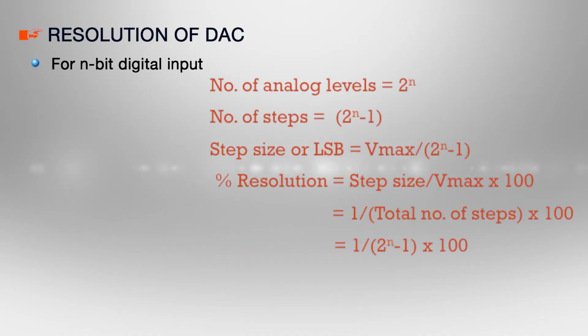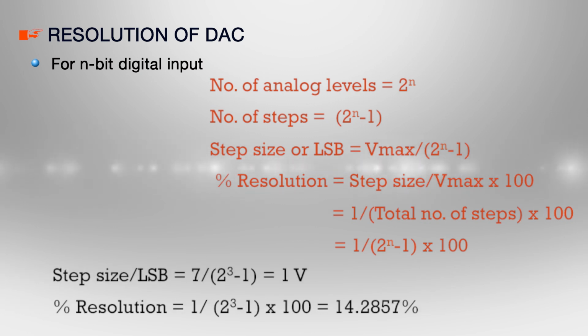So, let us have a generalized expression of resolution for an n-bit digital input DAC. Number of analog levels is equal to 2 to the power n. So, in a 3-bit DAC it is equal to 2 to the power 3, which is equal to 8. Number of steps is equal to 2 to the power n minus 1.